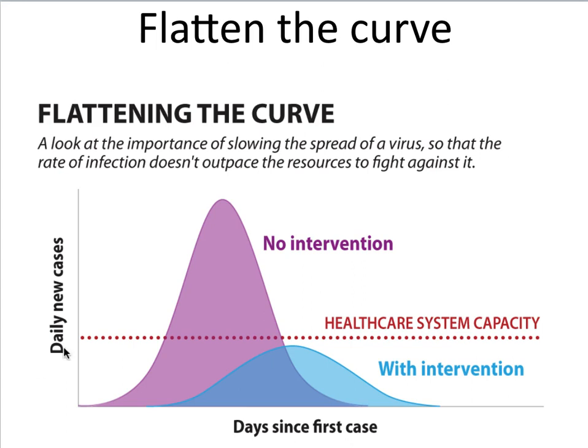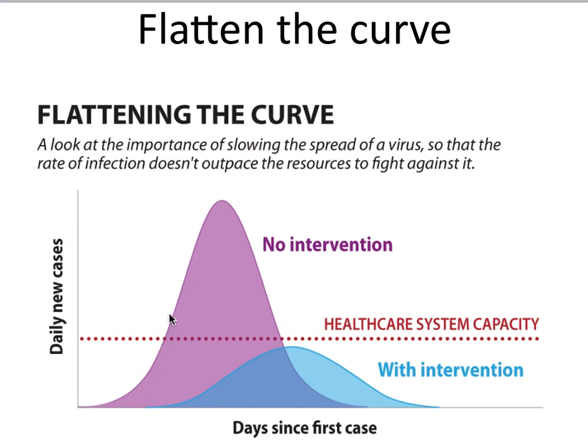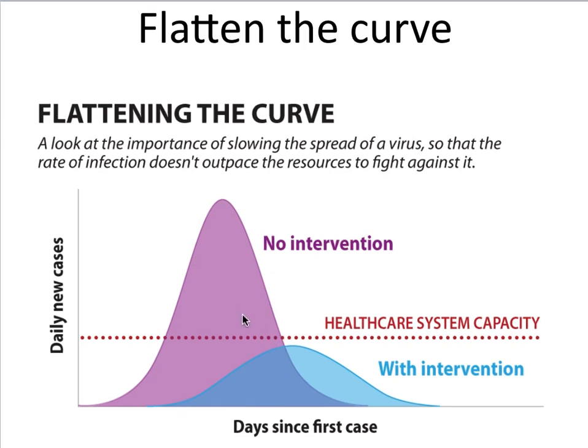Well, if we allow 60 to 70% of the people to become ill now, then we'll have a problem, because many of these people will need hospital care, and we don't have that many beds to take care of all these people. So if we do not do anything at the moment, then there will be this huge increase in number of cases, and we will overwhelm our healthcare system capacity.